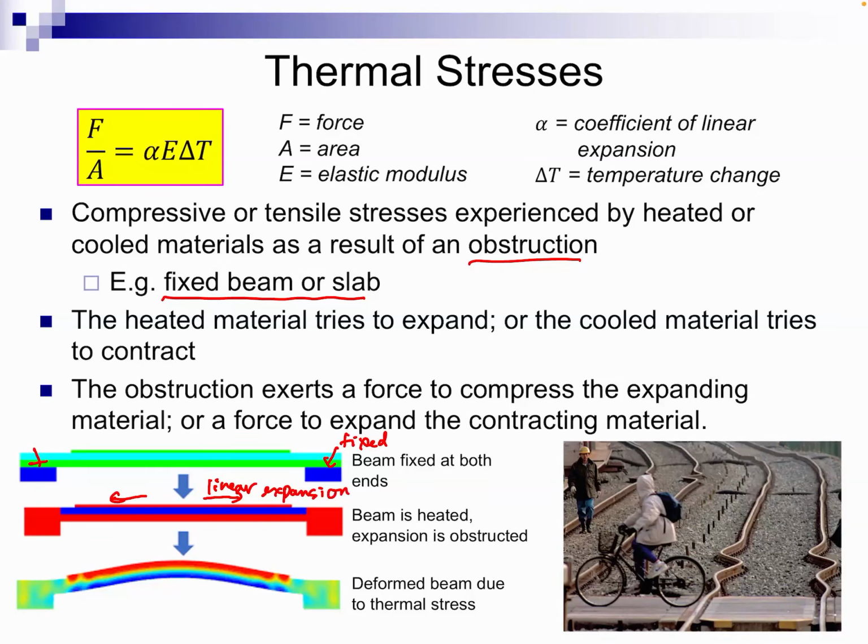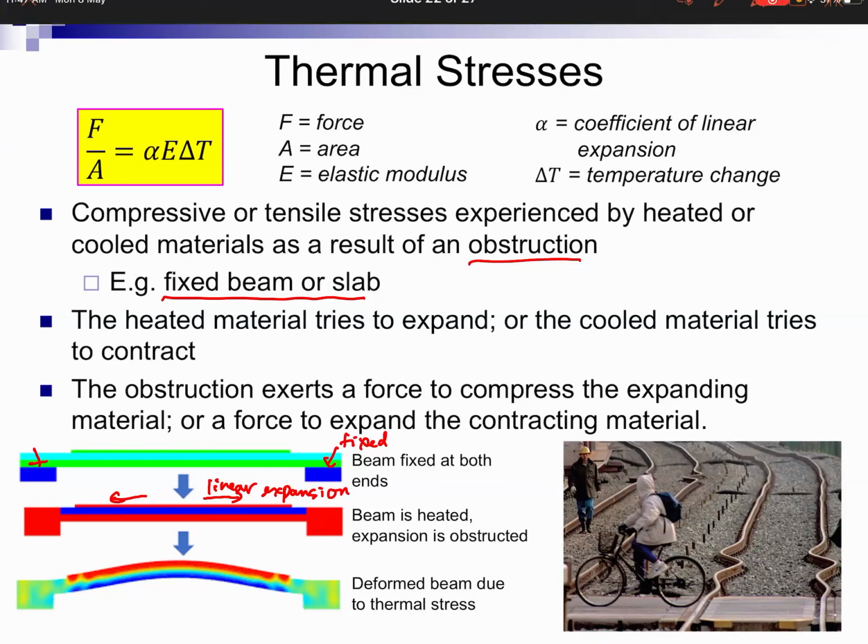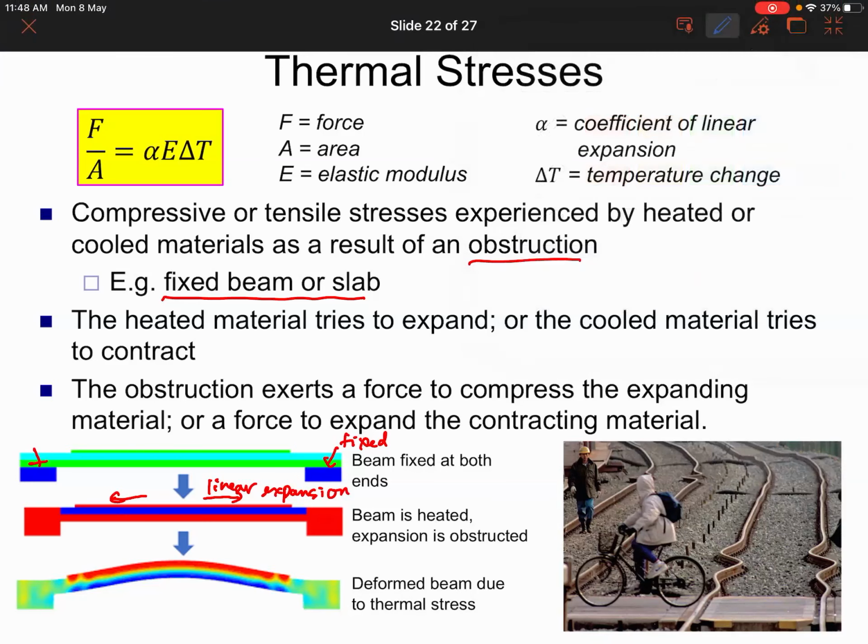But the beam is fixed at both ends. So at the ends where it's fixed, there will of course be a force that will oppose the expansion of the beam, right?